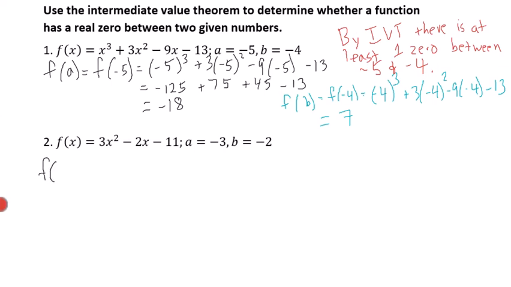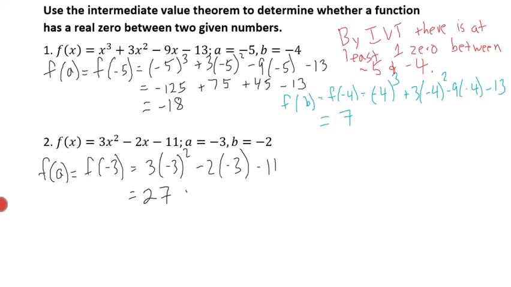So we're going to start with f of a, which is f of -3, which gives you 3 times -3 squared minus 2 times -3 minus 11. So that's 9, 3 times 9 is 27, plus 6 minus 11, which simplifies to 22.